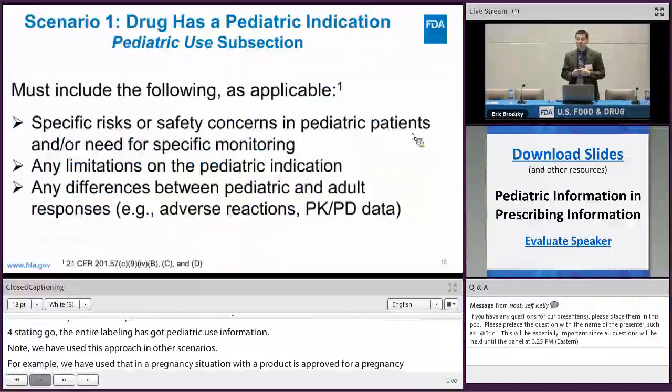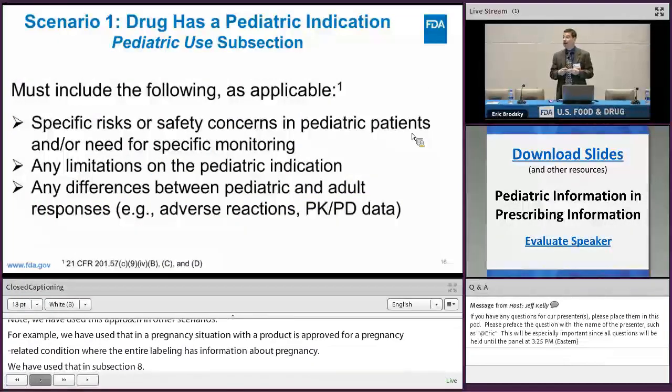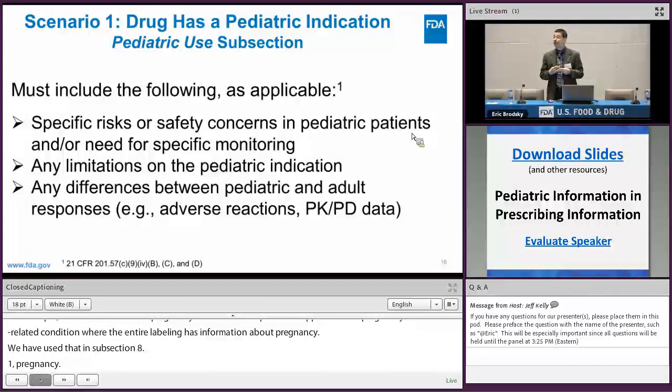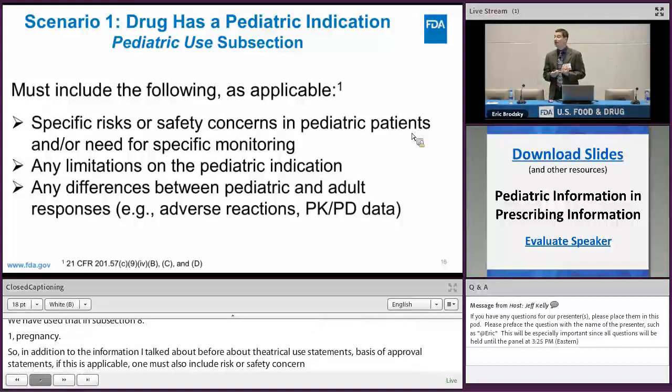So in addition to the information I talked about before about pediatric use statements, a pediatric use statement, a basis of approval statement, if this is applicable, one must also include risks or safety concerns in pediatric patients and monitoring information, limitations on the pediatric indication, and that could include potentially what age groups in which the safety and effectiveness has not been established, or potentially if there's a limitation of use in the indications and usage section, that should also be included in subsection 8.4.